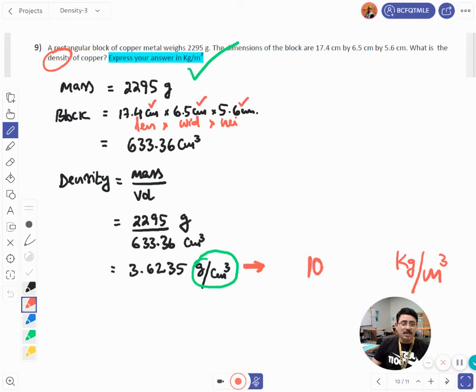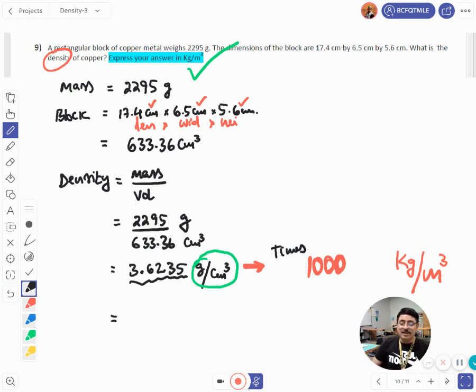Again, I'm repeating: you take times 1000. What answer did you get? When you multiply a decimal value by 1000, the decimal point moves to the right by 3 places. If you can't remember, take the calculator. 3.6235 times 1000 gives 3623.5.